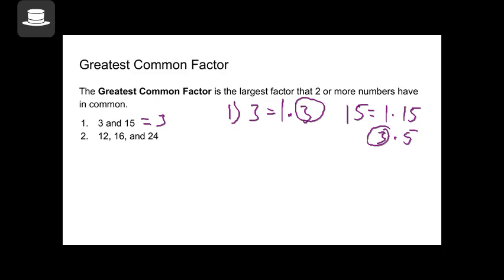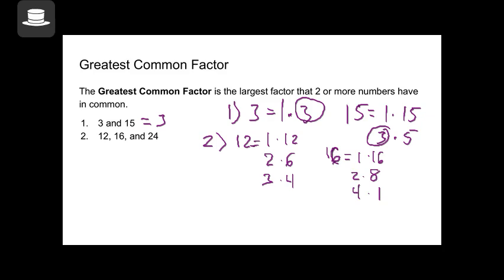I can apply the same process to 12. So 12 would be 1 times 12. I can also do 2 times 6 and 3 times 4. I do the same thing for 16. So 16 can be written as 1 times 16, 2 times 8, and 4 times 4.